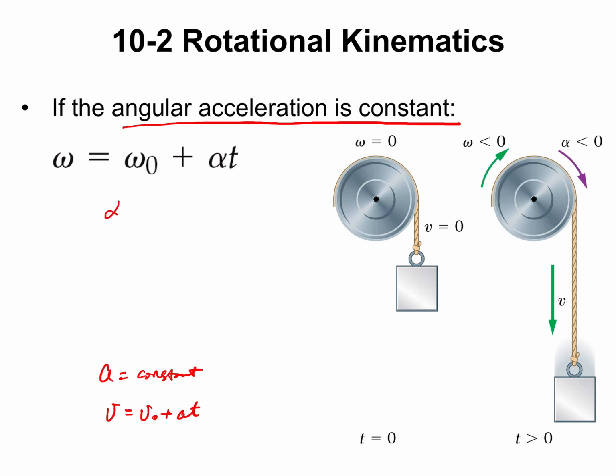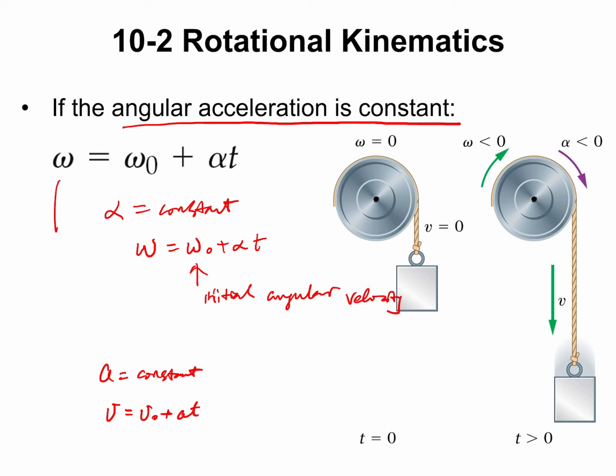If alpha is constant, acceleration is constant, so omega equals omega naught plus alpha t. This omega naught is called the initial angular velocity. Okay, so this is the angular velocity after time t.